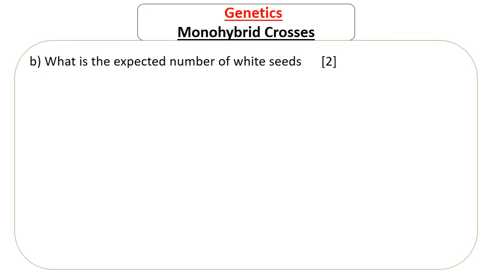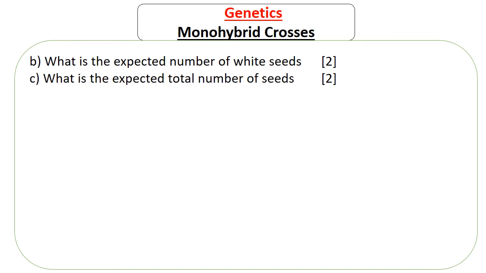So question B, what is the expected number of white seeds? We're going to use the ratio. White to yellow, in A we determined that it was 3 to 1. Sorry, having a dry throat.